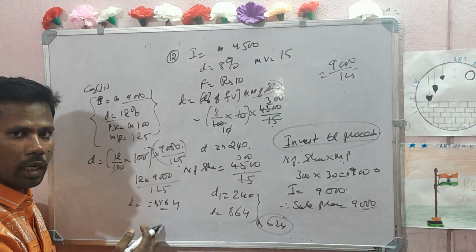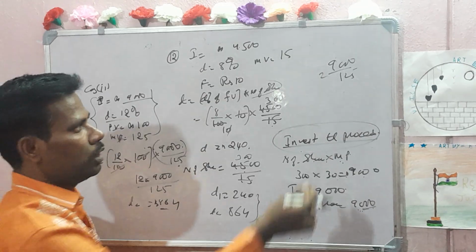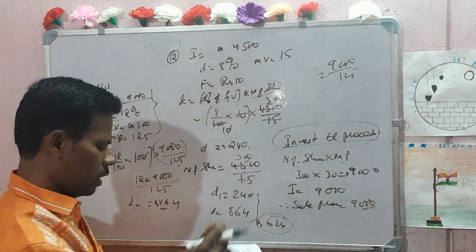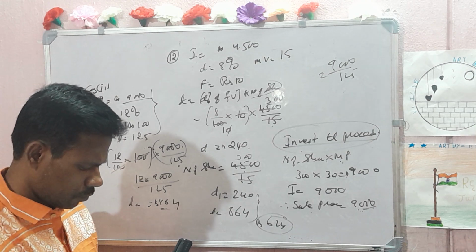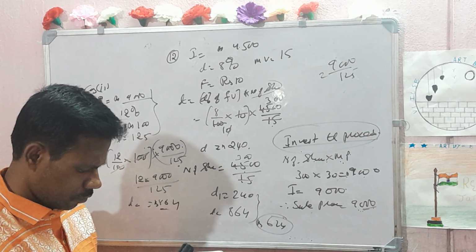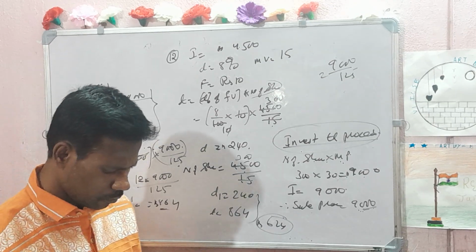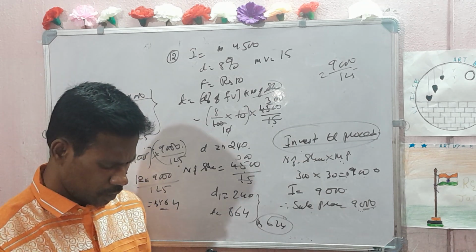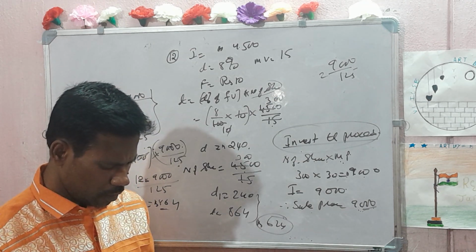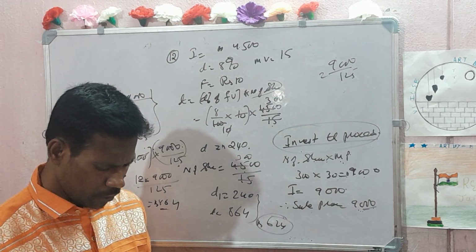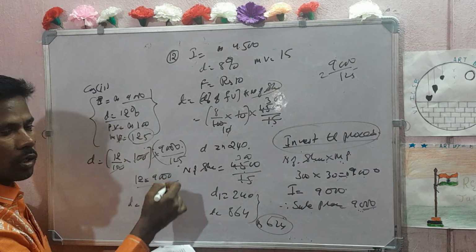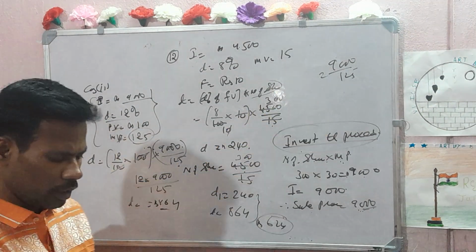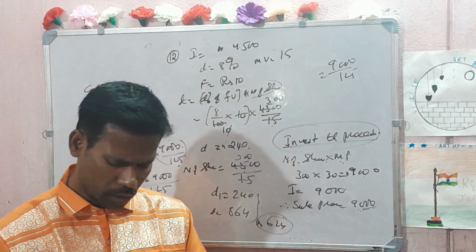Then again calculate the dividend. This 9,000 divided by 125 is the number of 125 shares he buys. Here market value is 125, so again calculate the number of shares. There is the solution.